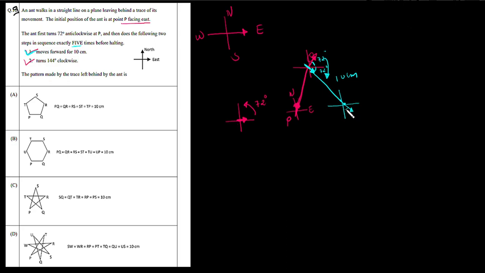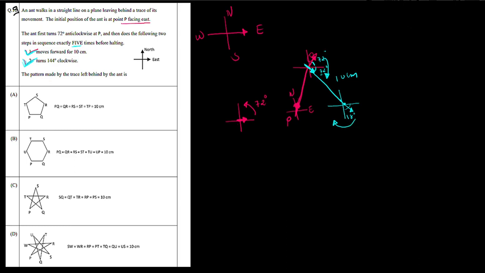This angle is nothing but 90 minus 72, because this angle is 72 from this figure, so this angle is simply 18. Now again it has to take the turn of 144 in the clockwise direction.